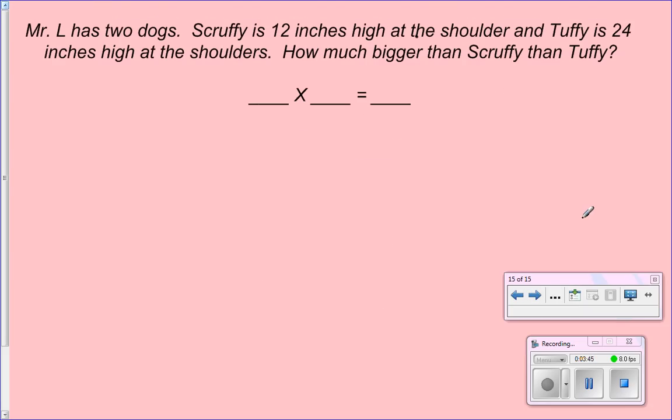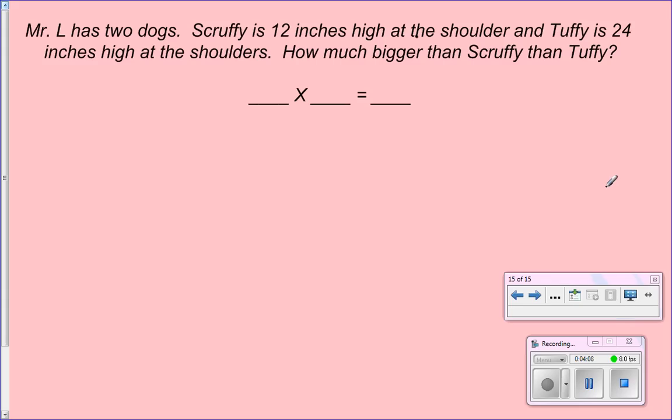Now, we're going to do another problem, and you're going to see how this one's just a little different. I'm still going to set it up in my regular structure with the multiplication, but it's going to look a little different. Mr. L has 2 dogs. Scruffy is 12 inches high at the shoulders, and Tuffy is 24 inches high at the shoulders.